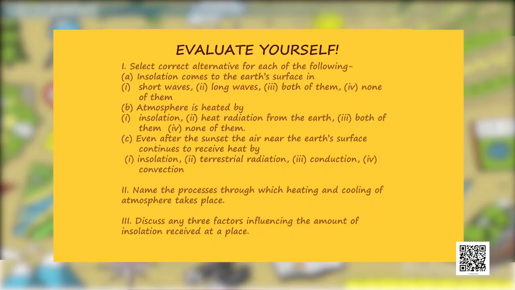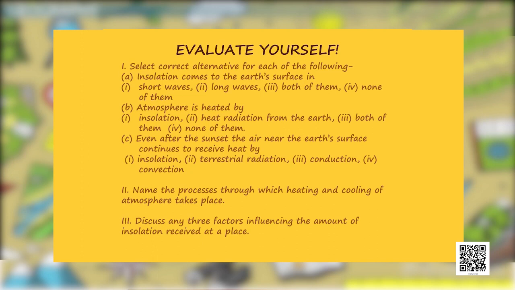After finishing off this part 1, I would like you to evaluate yourself. I hope you can answer these questions well. There is an MCQ given over here where you have to choose the correct option. Insolation comes to the Earth's surface in short waves, long waves, both of them, or none of them.